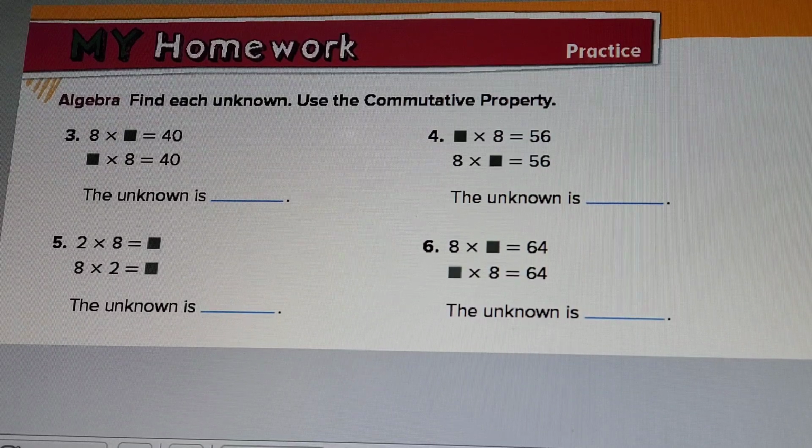The unknown is number 3, 8 times 5, or 5 times 8 equals 40. Number 4, 7 times 8, or 8 times 7 equals 56. Number 5, 2 times 8, or 8 times 2 equals 16. And 8 times 8 equals 64.